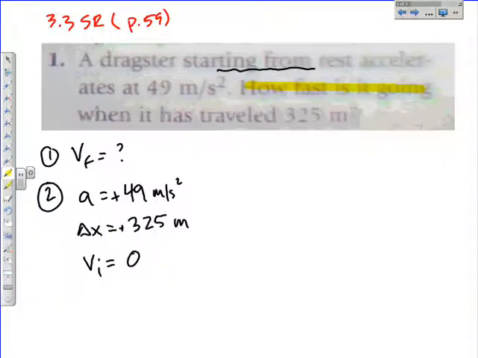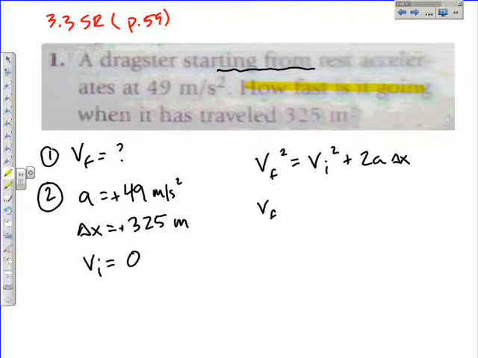Move ahead, back to our problem, and we saw from our list that vf squared equals vi squared plus 2 times a times delta x has all of the information we have to work with, but also the variable that we need to solve for, so we can do that. So I'm just going to do that real quick.